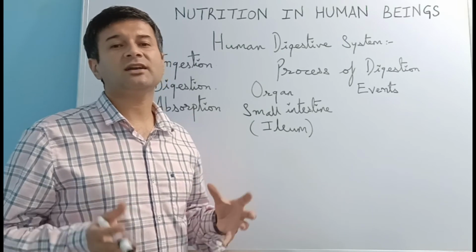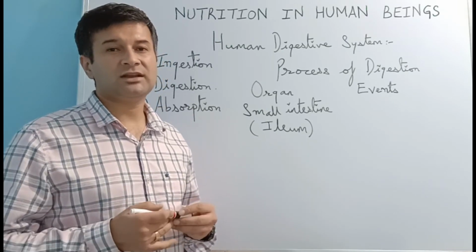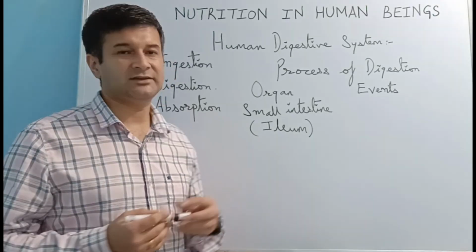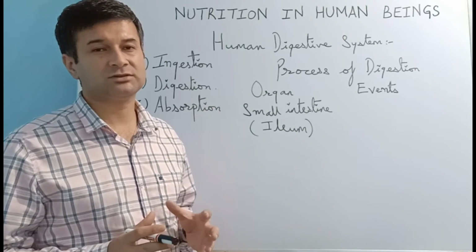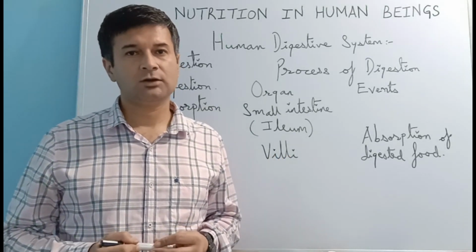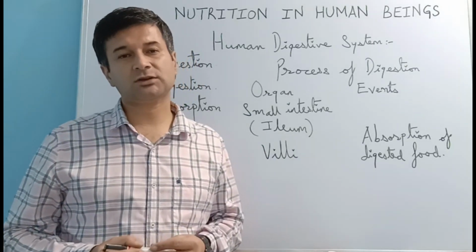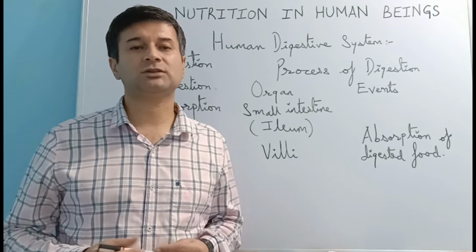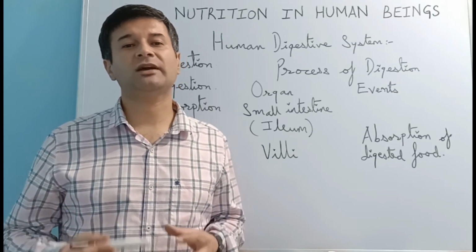Villi are the finger-like projections present on the inner lining of the ileum of the small intestine. This increases the surface area for absorption. Villi are richly supplied with blood capillaries, which help in the absorption of digested food by the process of diffusion, osmosis or active participation of the cells of the small intestine.